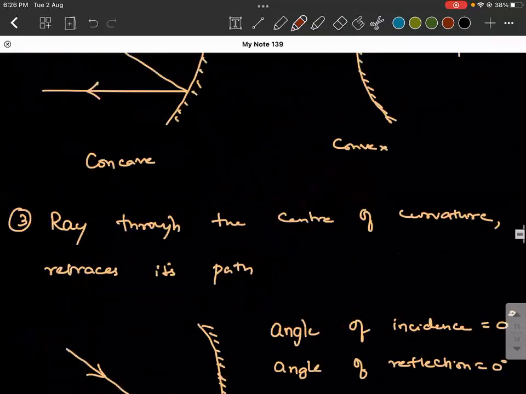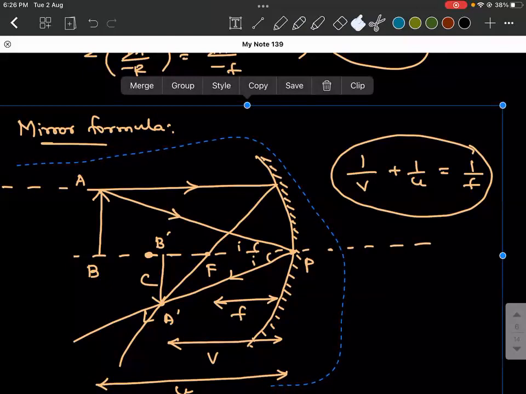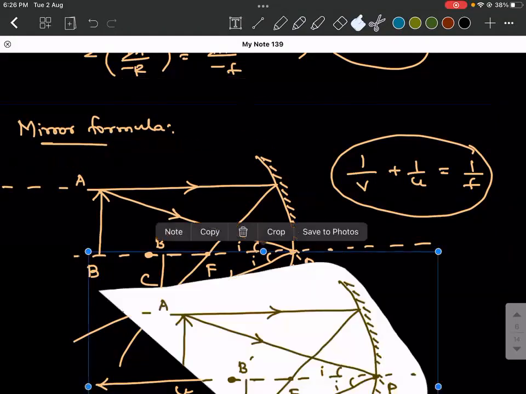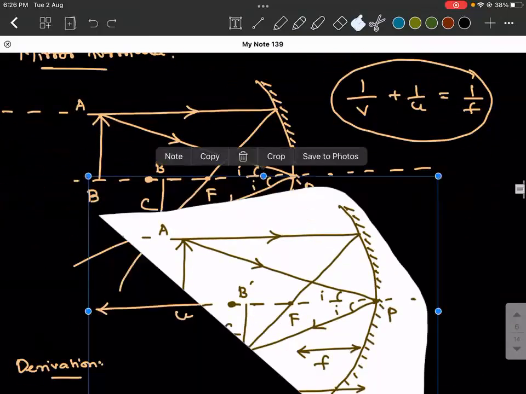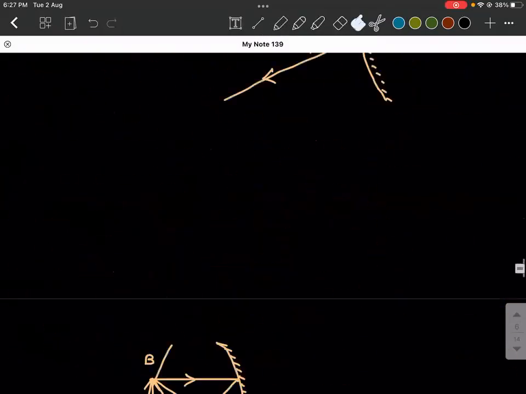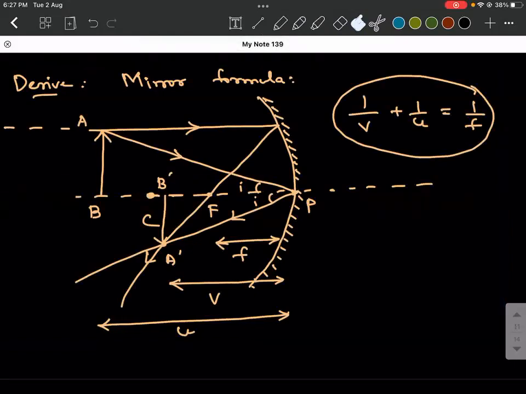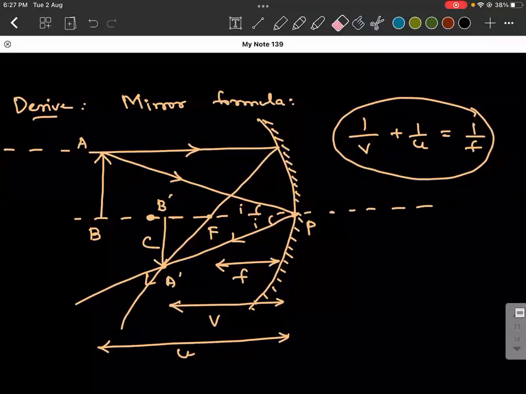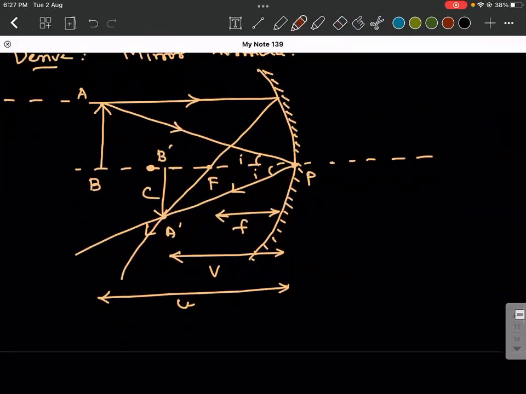I already drew the diagram yesterday. And if you see, from P to C is called the radius of curvature.